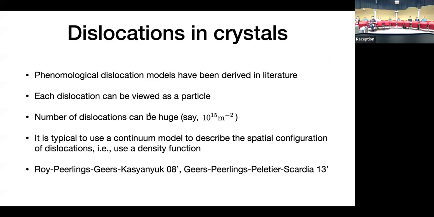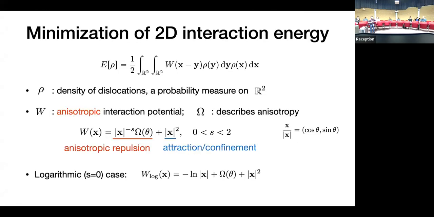So in reality, if you use a particle model, then it is not very effective. And of course, a more effective way is to use a continuum model to describe the spatial distribution of dislocations. Let's say we just use some density function to describe this spatial configuration. So this is the model we are going to focus on.